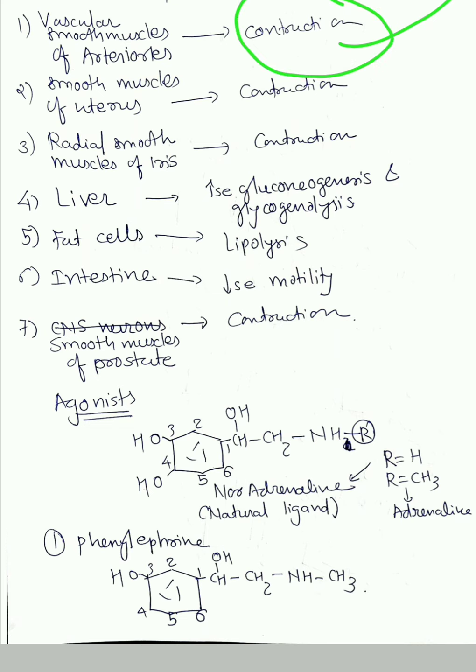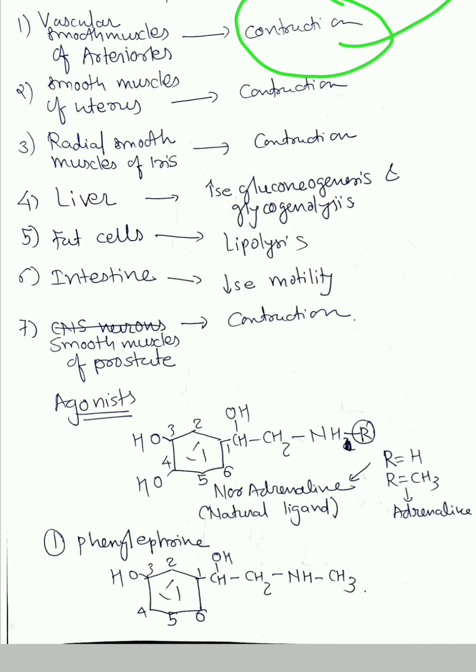Contraction. Now remember guys, receptors cannot show their own action. A receptor can show pharmacological action only when a ligand or a chemical moiety is attached to them. Now that ligand can be a neurotransmitter or that ligand can be a drug which is acting on that receptor, but receptor can never produce its own action.